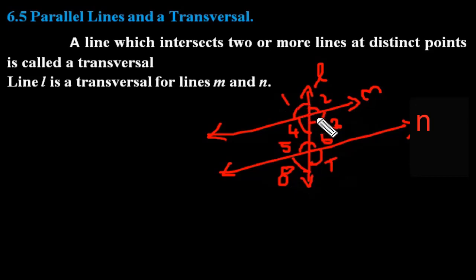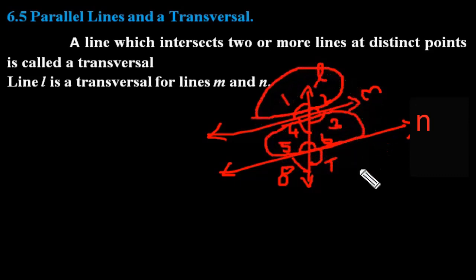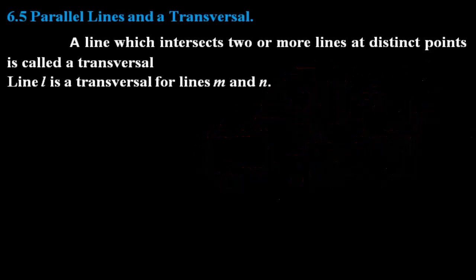Out of these 8 angles, these 4 angles are present between the lines M and N, inside M and N. So we call these 4 angles interior angles. And we have a few angles which are present outside these two lines. That is, angles 1, 2, 7 and 8 are present outside the lines M and N. So those angles are called exterior angles.